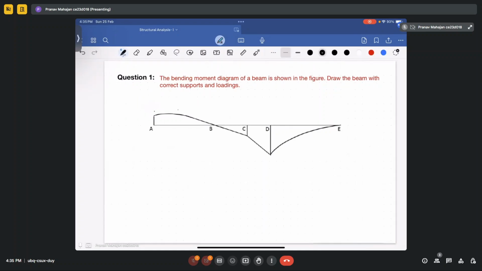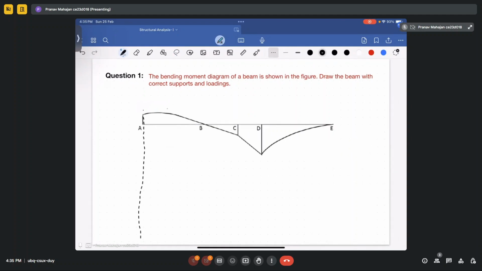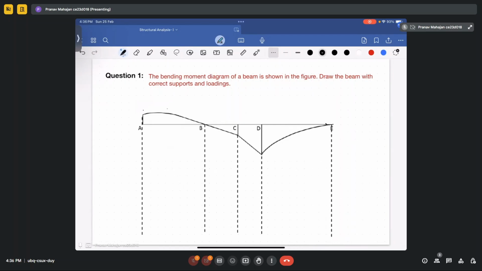So I will make a few lines first. Now, since here A is having some moment at this point, if there is any support, you will not be having any moment at that particular point.